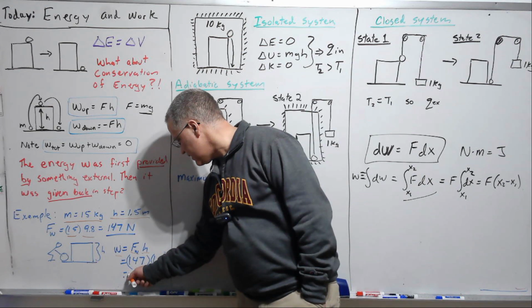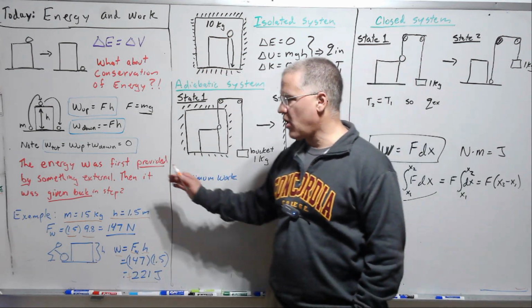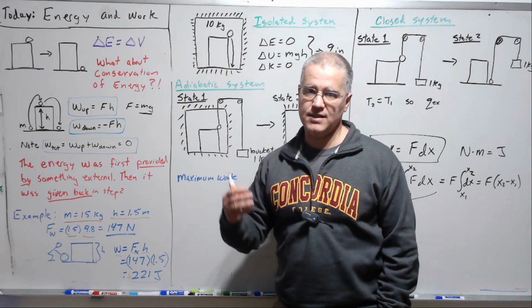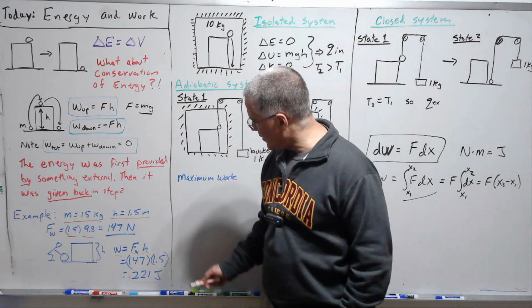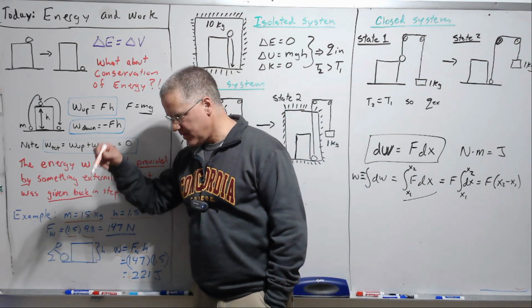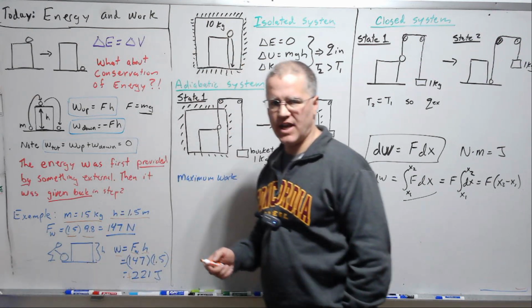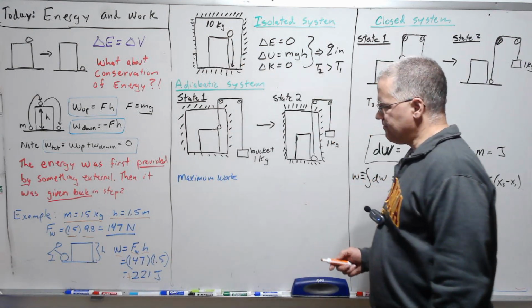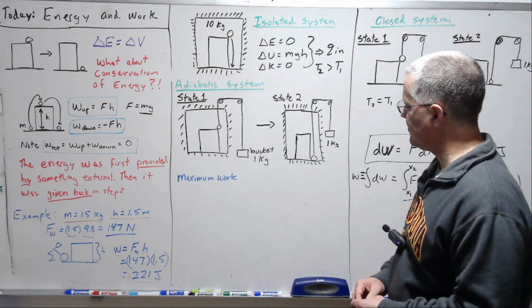Now notice I've used the positive convention here. A problem like this, most likely in whatever physics book you have, would have a negative convention. And that would come from this force being downward, the acceleration being downward, and that's where the negative sign would come from. So we've used this chemist's convention here.